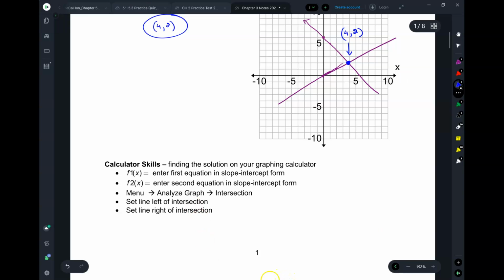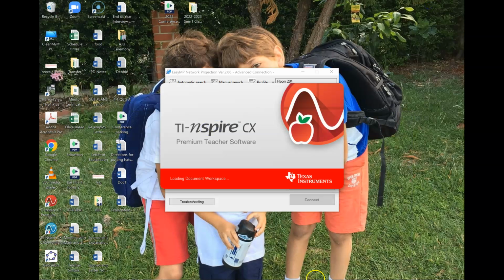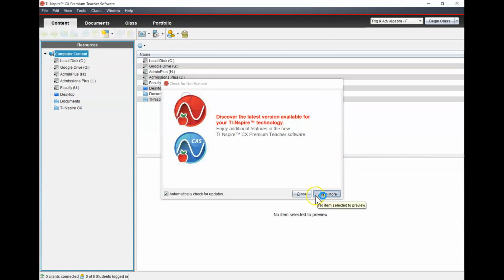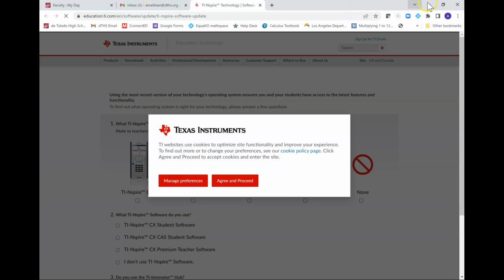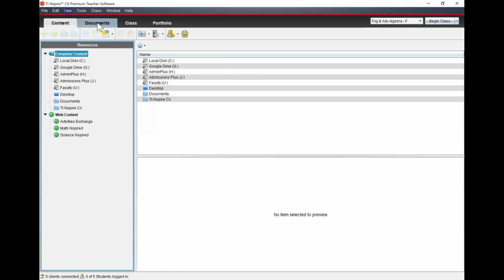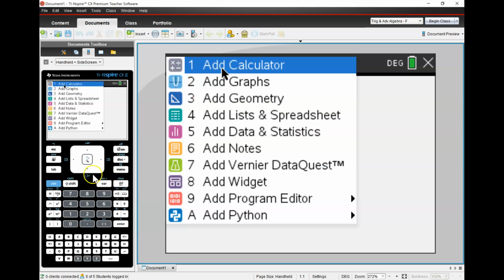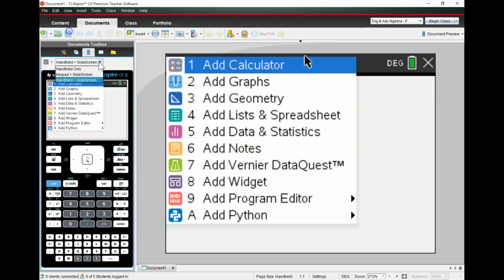So when you open up your calculator, here we go into the calculator.